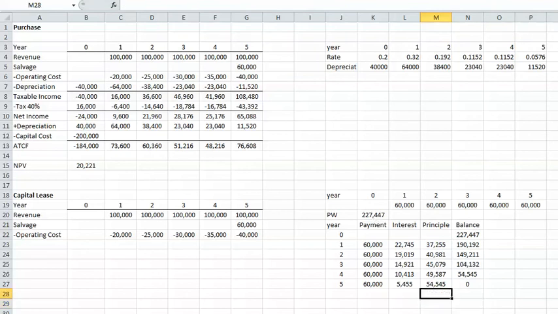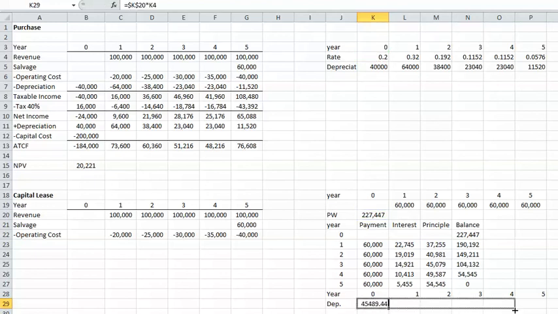Next I'm going to calculate the depreciation. Again, I don't have much space here. I will write year 0, 1, 2, 3, 4, 5. The depreciation is going to equal the present value of these payments, which is here. I will fix that and multiply by the rates that I had from the table.